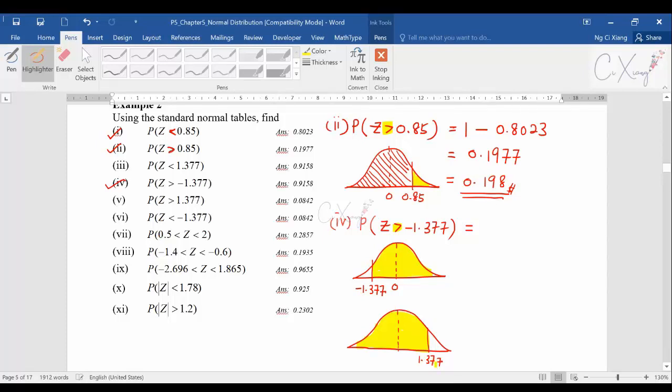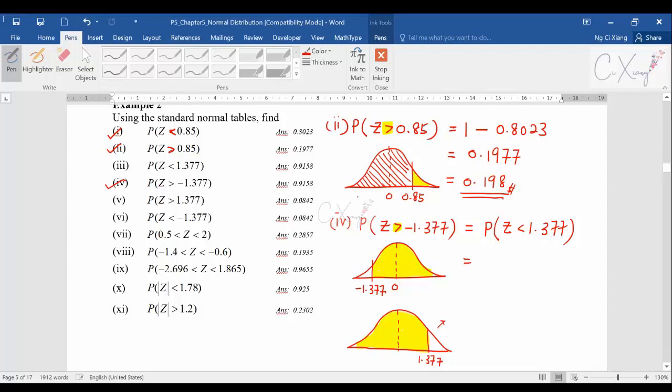So when I reflect it to become positive, the area smaller than 1.377 is the same as this one. Okay, so if I look at this graph, when I write the step, it will be Z smaller than 1.377. So this value and this value are the same because the area should be the same.